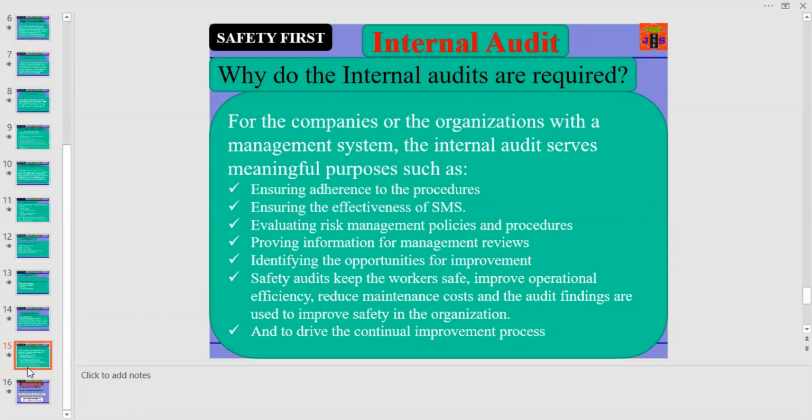Safety audits keep the workers safe, improve operational efficiency, reduce maintenance costs, and the audit findings are used to improve safety in the organization. And lastly, safety audits are the tools to drive the continual improvement process in an organization.